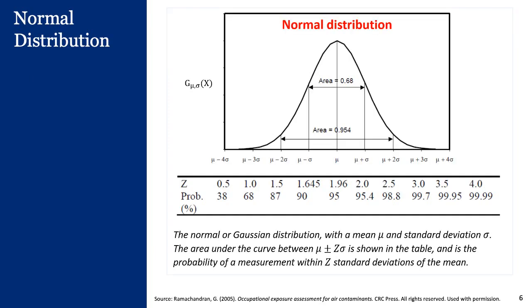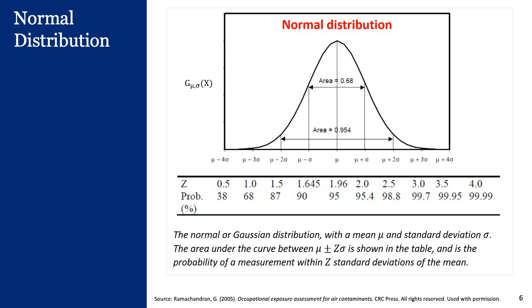So let's quickly review what we know about normal distribution, because it is going to help us understand the log normal distribution. So a normal distribution, as we all know, is a symmetric distribution. It is this bell-shaped curve. It is also known as a Gaussian distribution. And as you can see in this graph, the peak of this distribution is centered on the mean, mu, or the arithmetic mean, but this is also the median, which means that it splits the distribution into 2 equal halves.